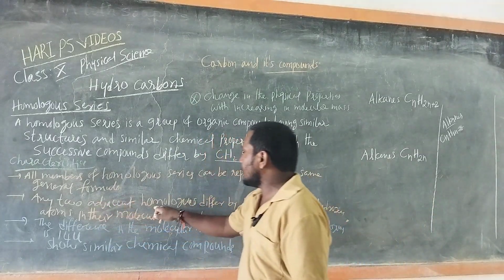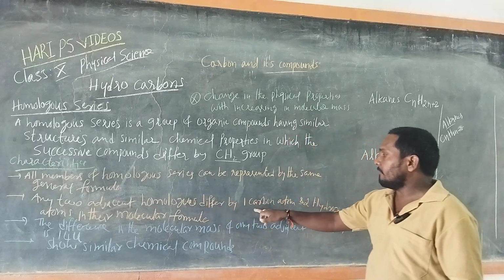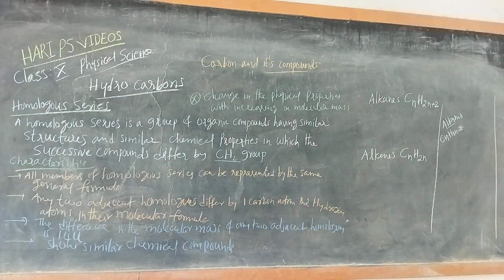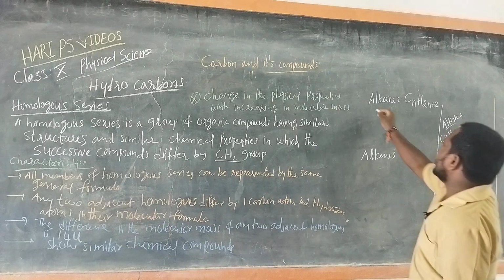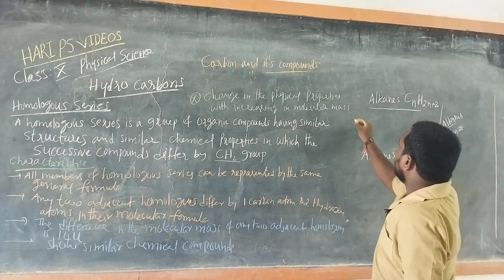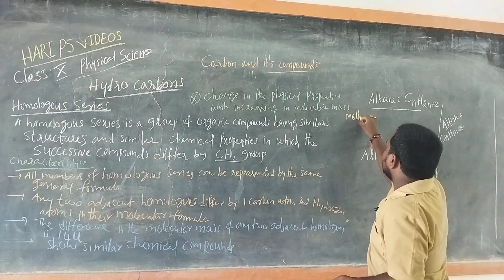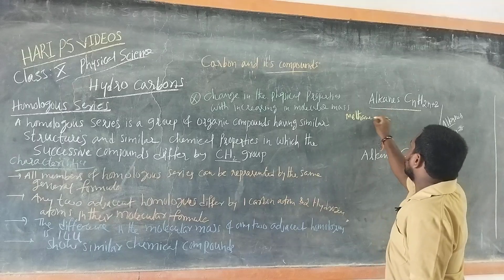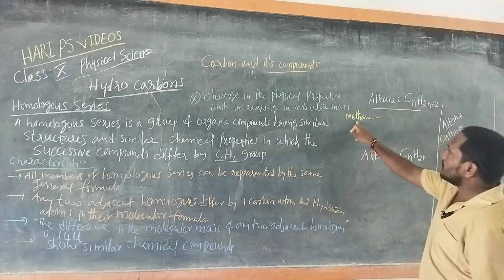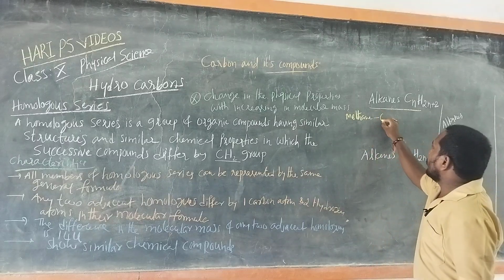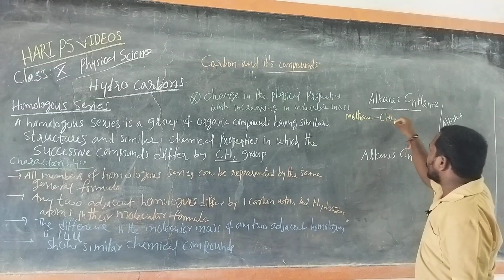Any two adjacent homologues differ by one carbon atom and two hydrogen atoms in their molecular formula. For example, methane has one carbon, so we can write CH4.